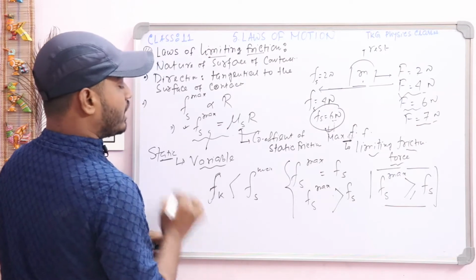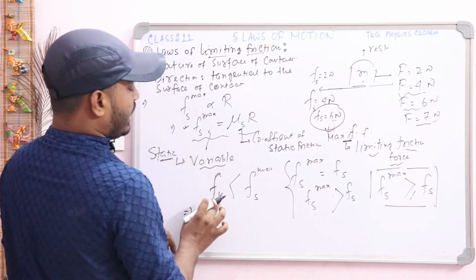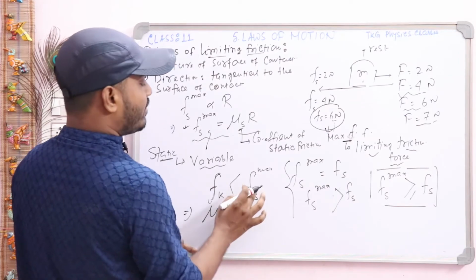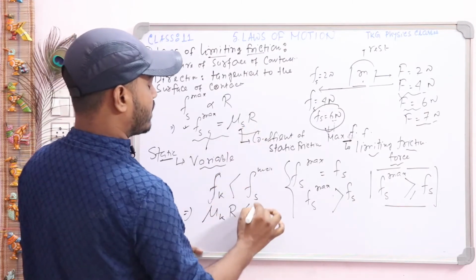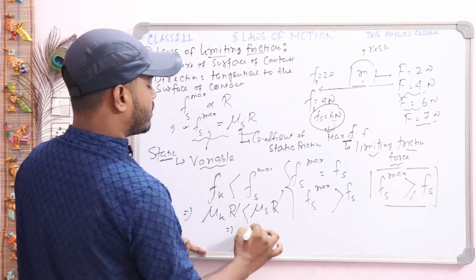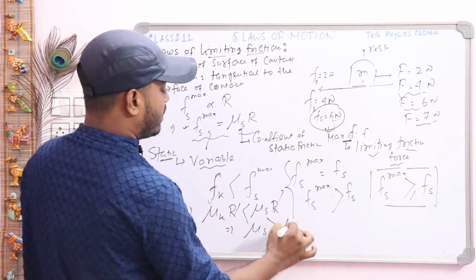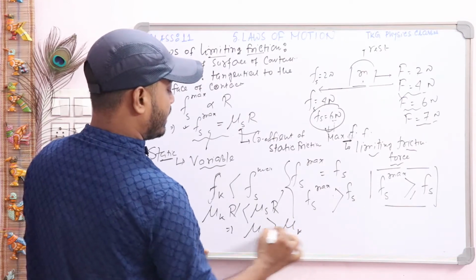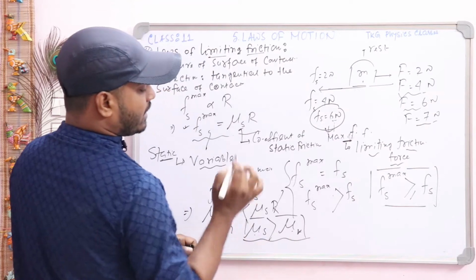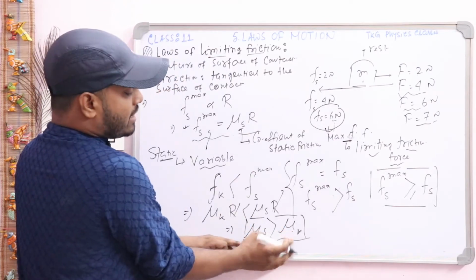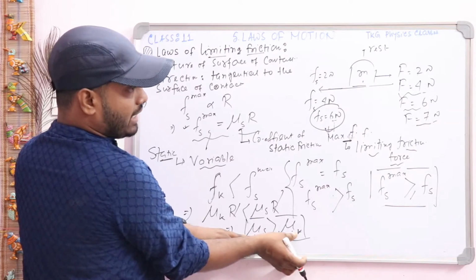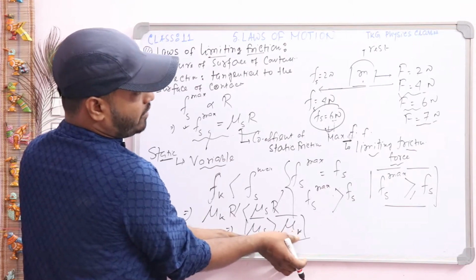From here you can write, you already proved mu k into R, and Fs max is mu s into R. R cancels out, so mu s is greater than mu k. This is also an important part, students: the coefficient of static friction is greater than the coefficient of kinetic friction.